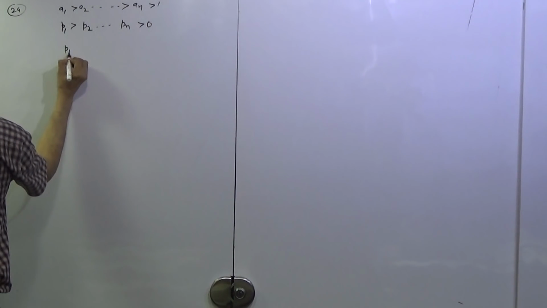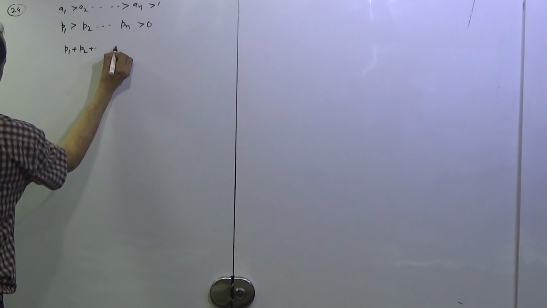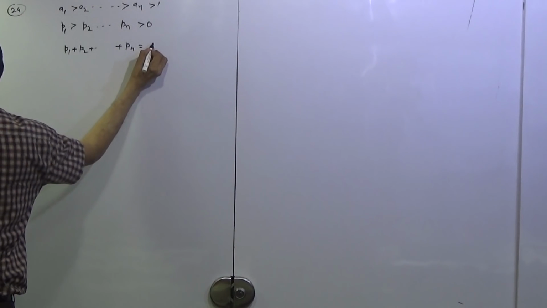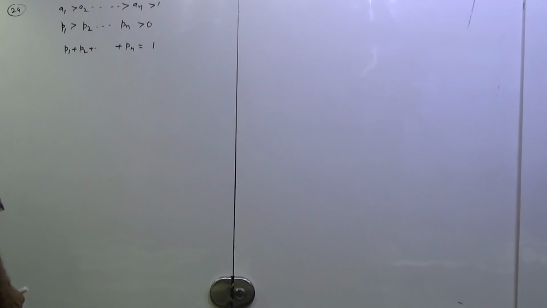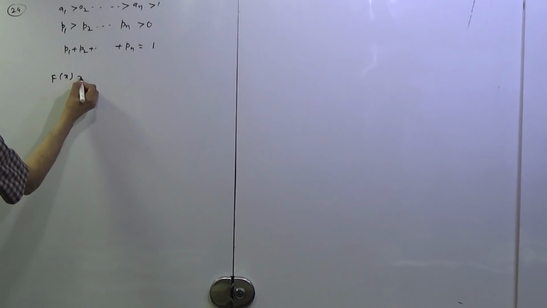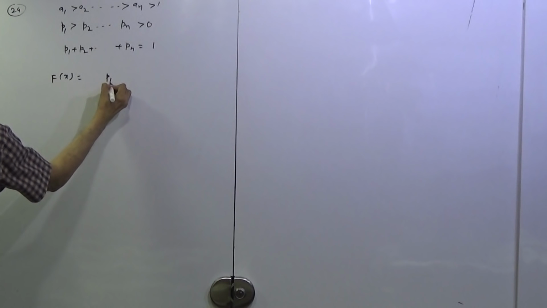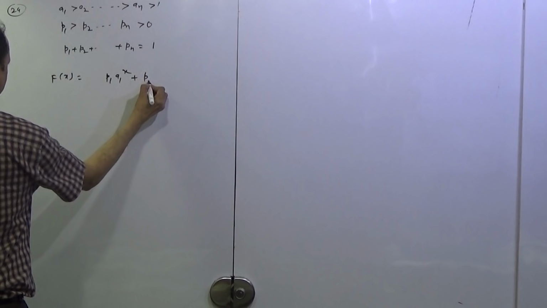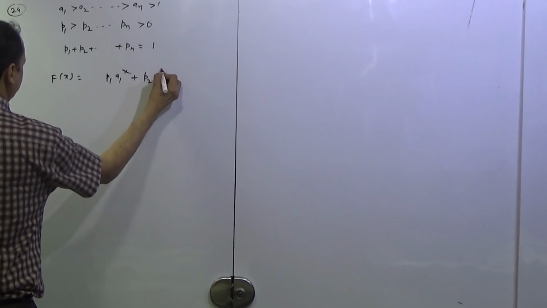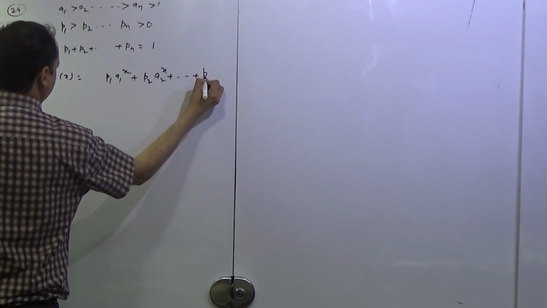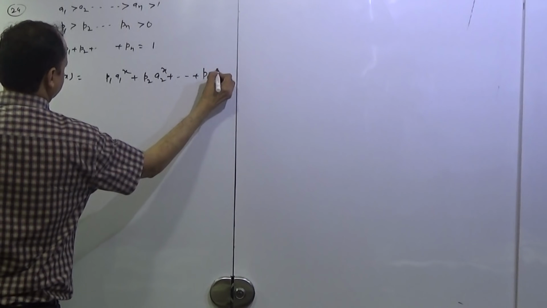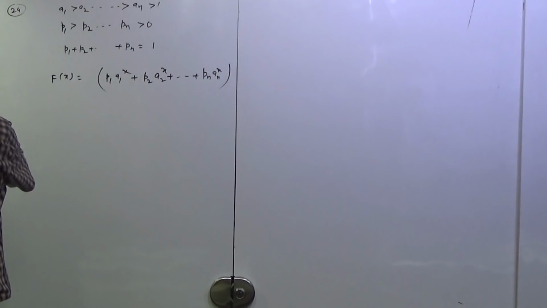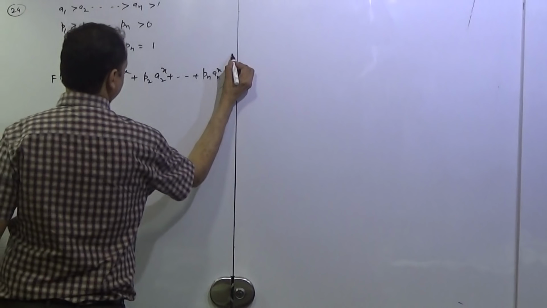One more relation given to you: P1 plus P2 up to Pn is equal to 1. And he is asking, if f of x is equal to P1 A1 raised to power x plus P2 A2 raised to power x up to Pn An raised to power x, all raised to 1 by x.